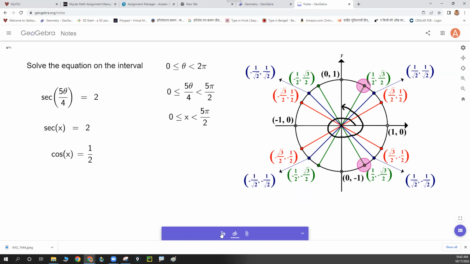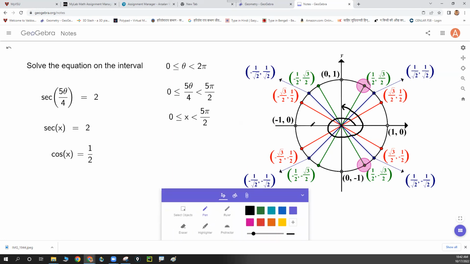Once again, why did I choose those two? My range, I'm going to draw the range again so that you can actually see. My range is going to be from 0 through 5 pi over 2, which is 2.5 pi. So I start here. 1 pi, 2 pi, half pi.